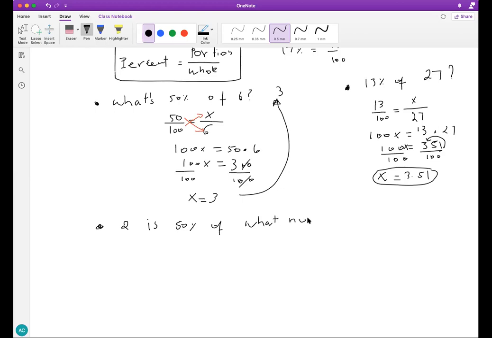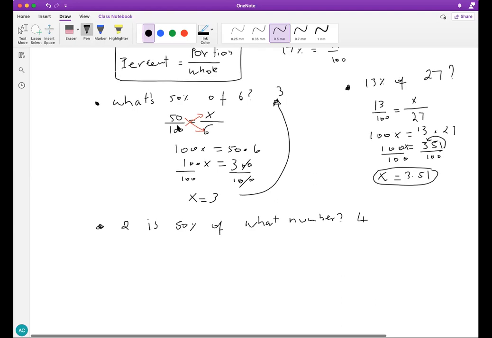Oh, 4. That's right. This is an easy one and a convenient one. So 2 is 50% of what number? That means there's a larger number. When we take half of it, or 50% of it, we get 2. Obviously, that number is 4.